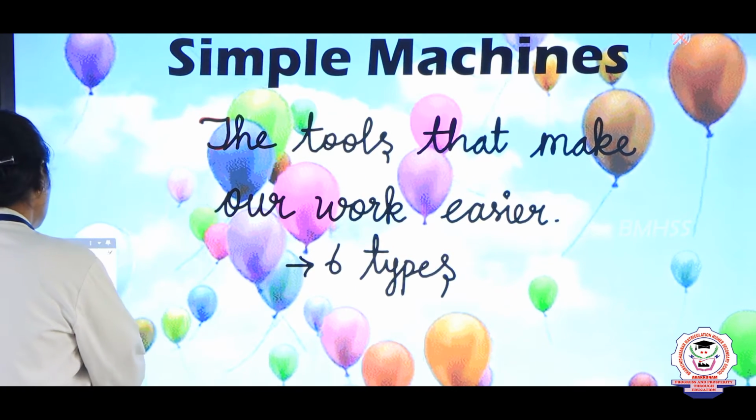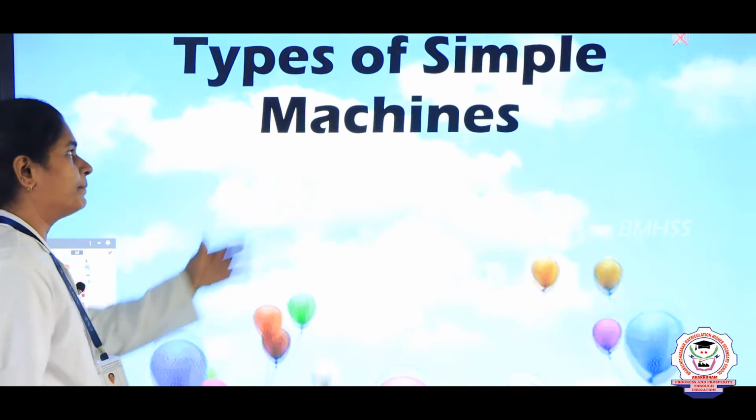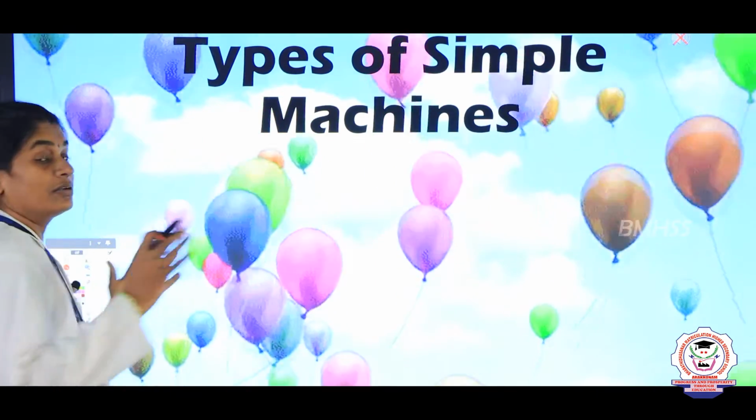Now, let us see what the types of simple machines are. There are 6 types.